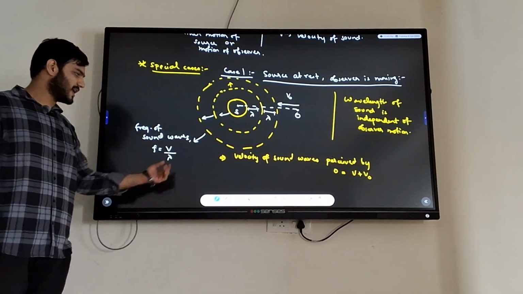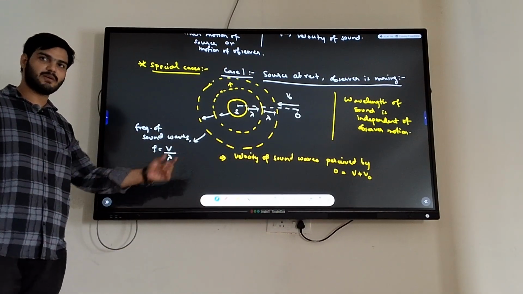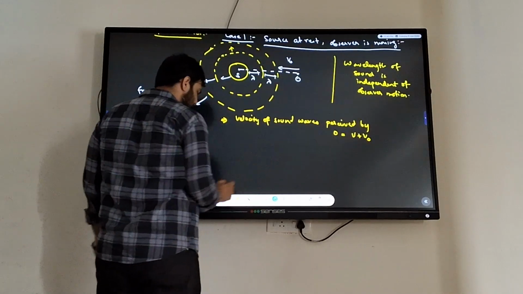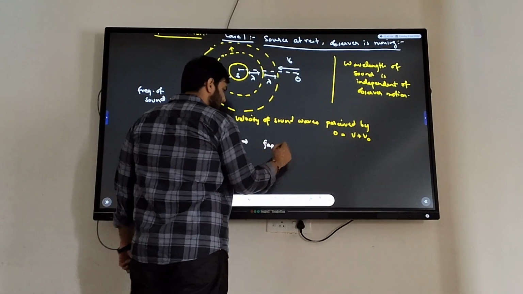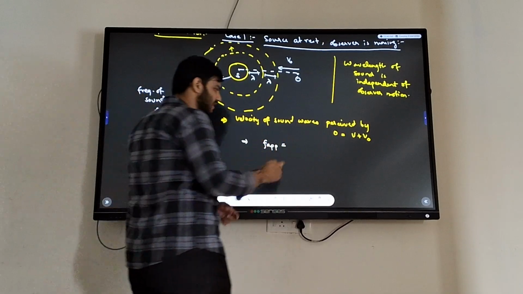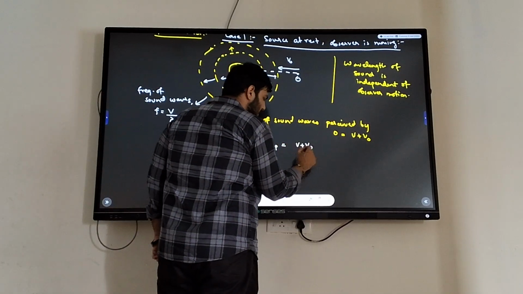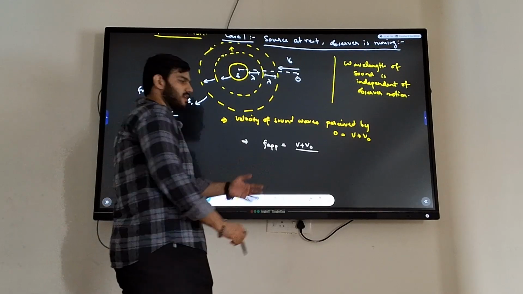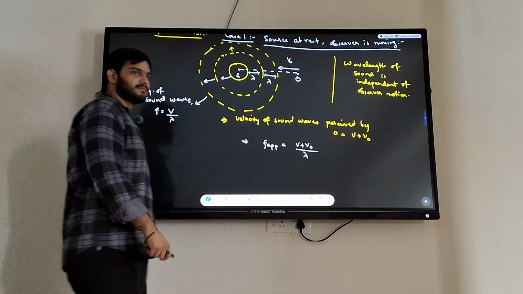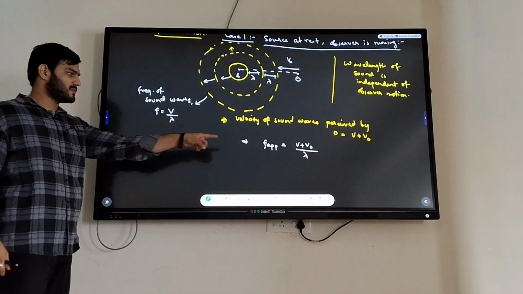Since the lambda has nothing to do with the observer's motion, what is the frequency that he will hear? He will hear this apparent frequency, and the new velocity of the sound is V plus V naught. Yes? And what is the wavelength? Wavelength doesn't change at all. This is lambda. I can eliminate lambda from this equation and that.